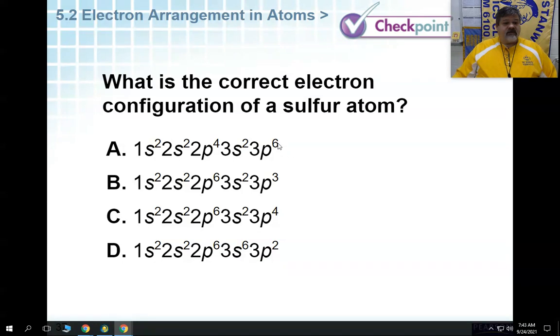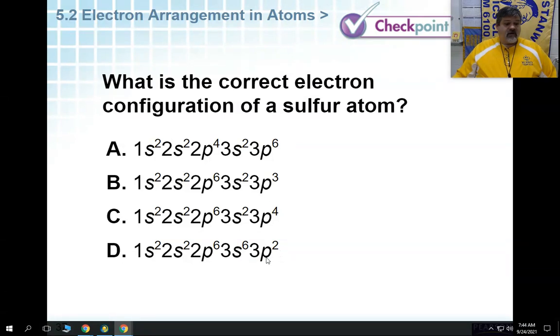So we have 2, 4, 8, 9, 10, 16. We have 4, 10, 15. What is it? 10, 16. And we have 10 here, and then we have 18.